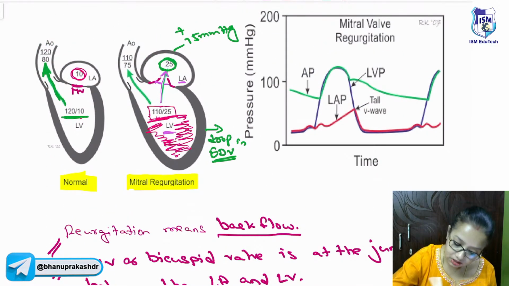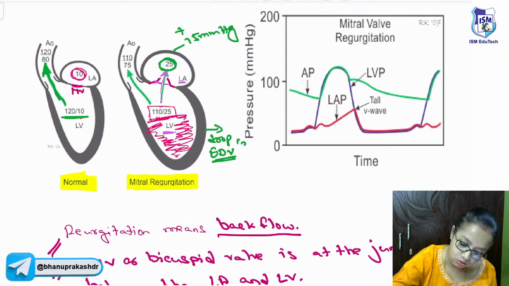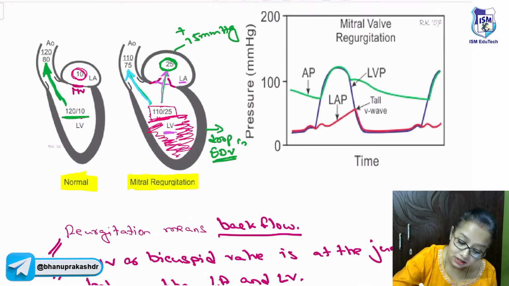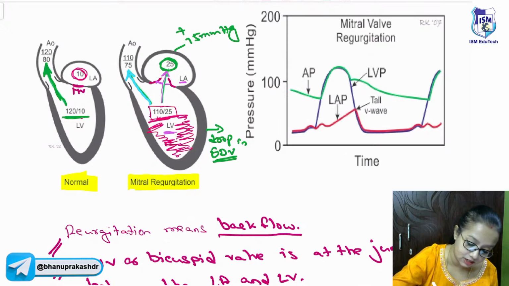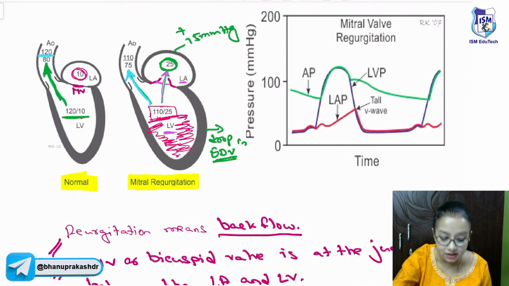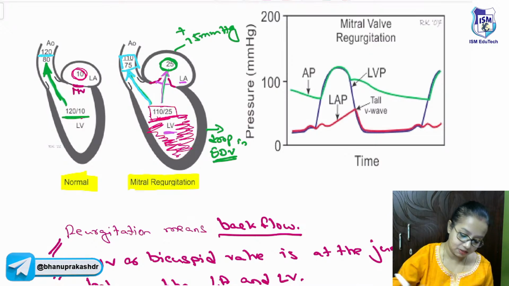Now, here what happens during the stroke volume, when the blood has to go via the aorta into the peripheral circulation, there is not enough volume of blood, as a result of which the maximum pressure to which the ventricle must reach, that is 120, which should be the pressure in the ventricle as well as in the aorta for proper pumping of the blood into the periphery, will become less.